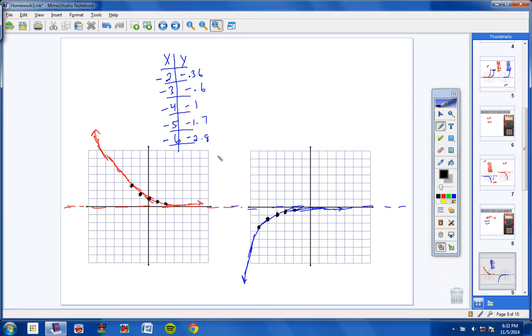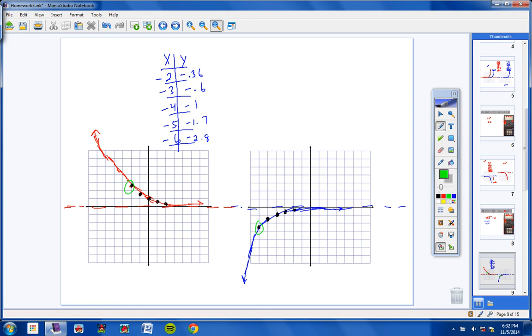Okay, students, so let's compare these two graphs, okay? Notice that this point here, right here, is this point right here. So it was shifted 4 points to the left. 1, 2, 3, 4, and then flipped down to here.